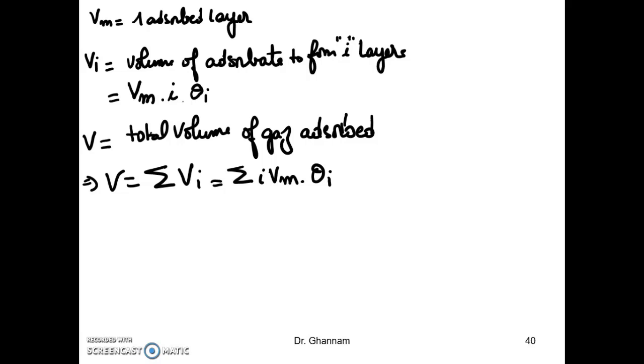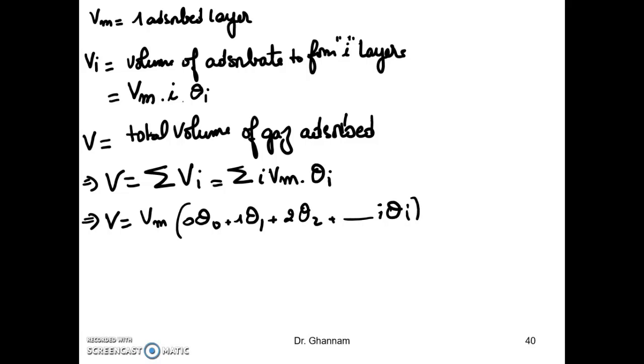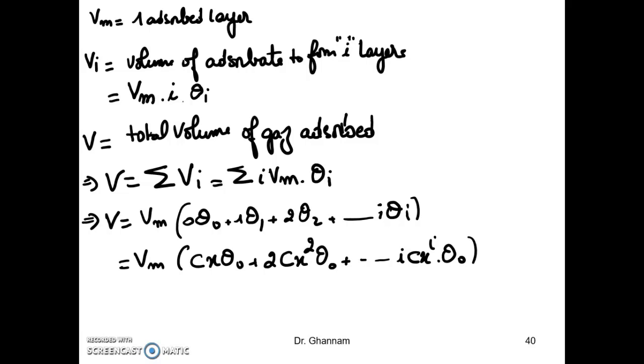Now if we put each of these factors by their values, V equals Vm, which is a common constant, times 0 theta 0 plus 1 theta 1 plus 2 theta 2 plus I theta I. And if we replace each of these thetas by their values, we have Cx theta 0 plus 2Cx squared theta 0 plus I C x^I theta 0.